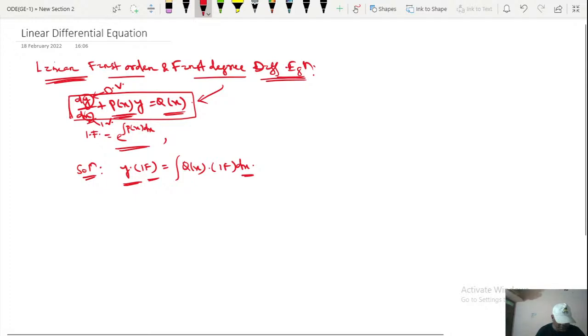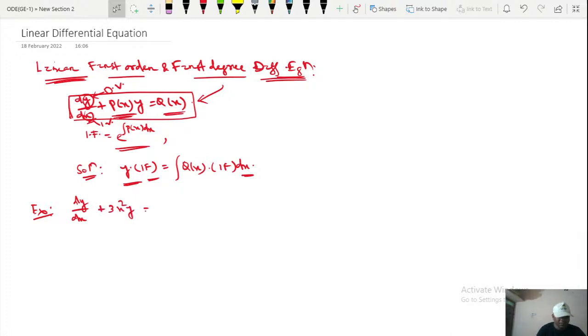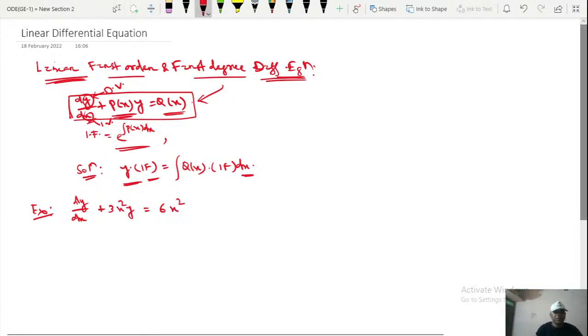Suppose an equation is given: dy by dx plus 3x square y equal to 6x square. This is a first order first degree differential equation, because the derivative term has order 1 and degree 1, and it is a linear differential equation in this form.